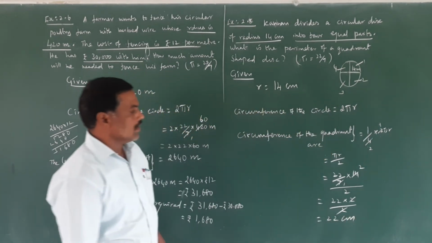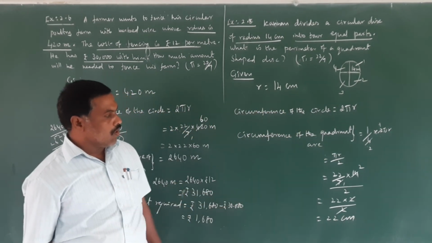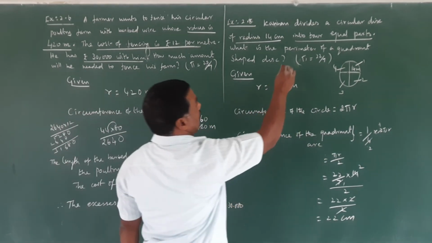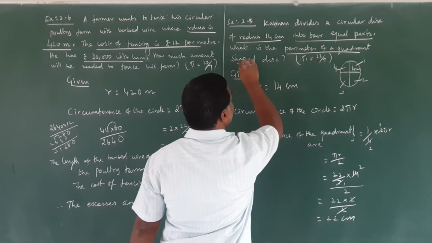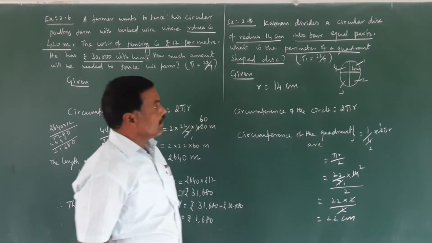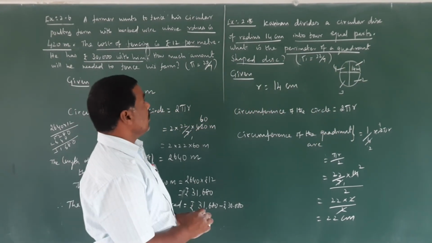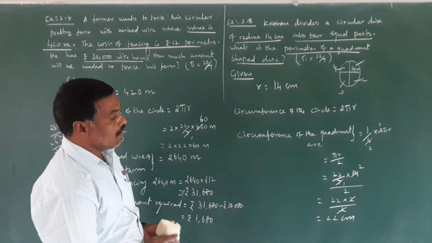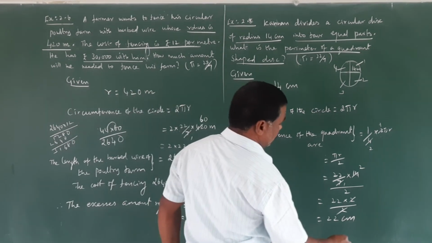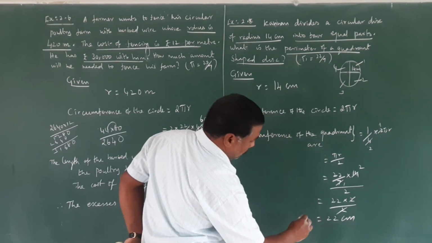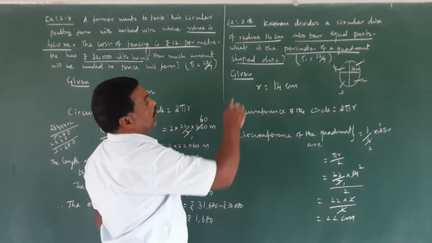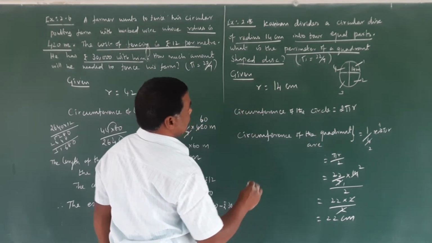Now what is the perimeter of the quadrant of the disc?